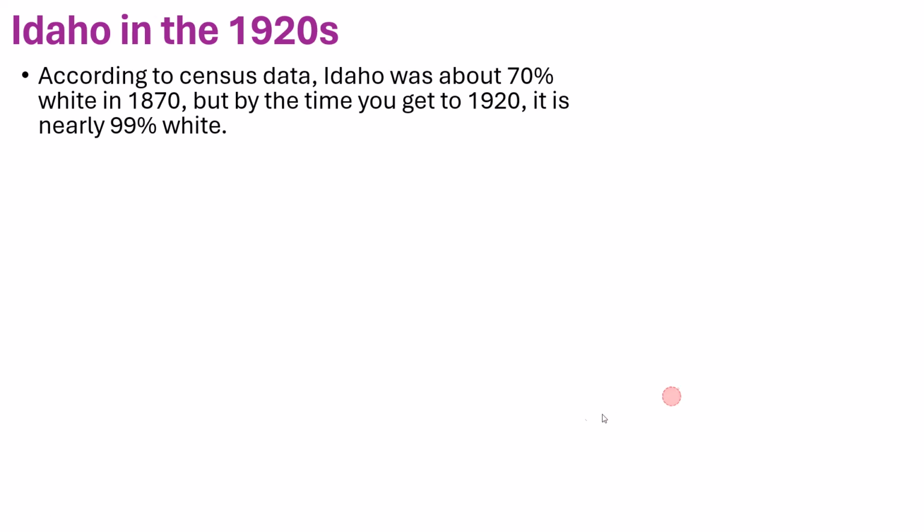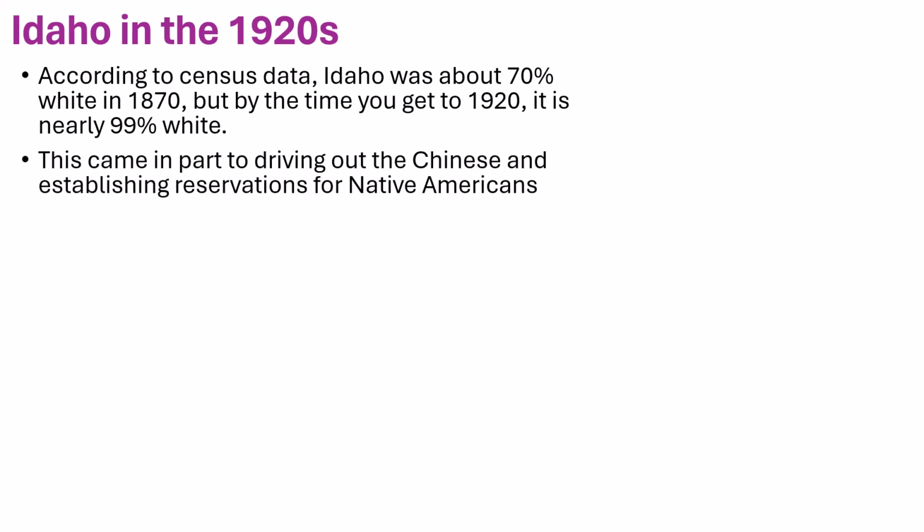According to census data, just a little bit of historical info here, Idaho was about 70% white in 1870. And by the time we get to 1920, it's about 99% white. So why is this? Well, you had a large population of Chinese immigrants in the area, and they were driven out through institutionalized racism and the type of laws that are similar to Jim Crow laws.